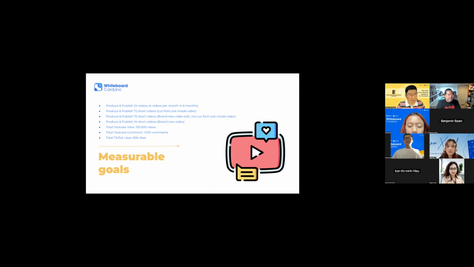In 6 months, we aim to produce and publish 24 main whiteboard videos and 72 short videos extracted from the main video content, and 72 unique short videos that reimagine the main video content, incorporating fresh style and creative ideas.